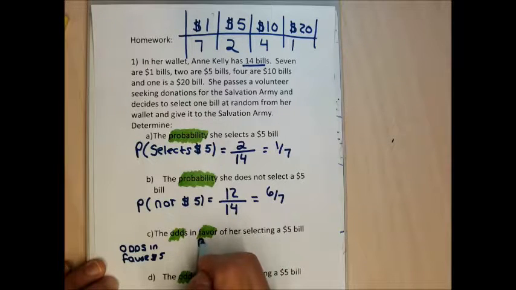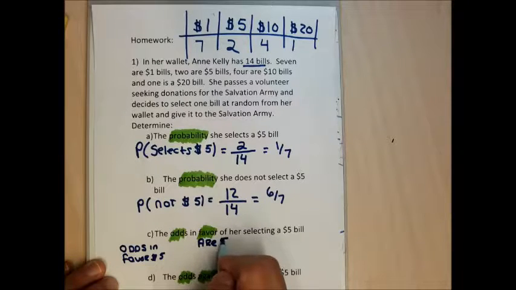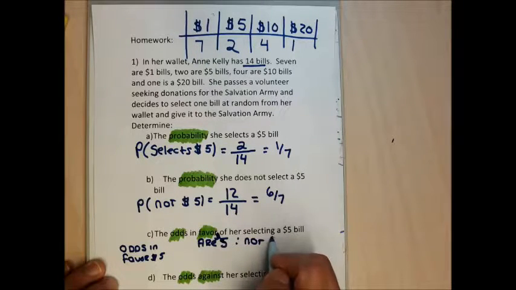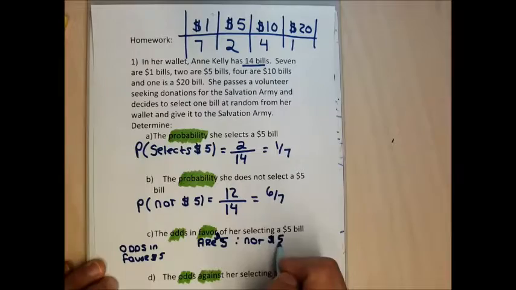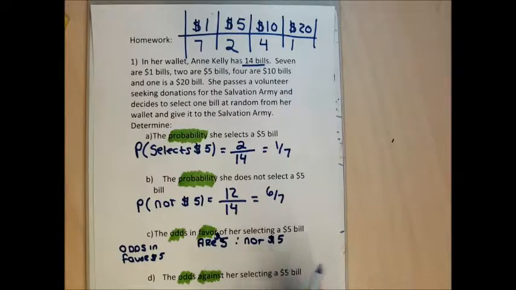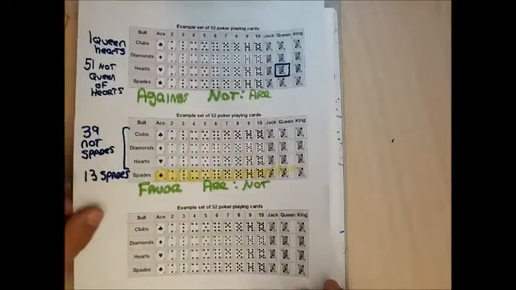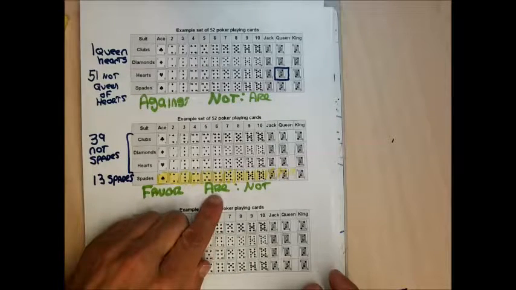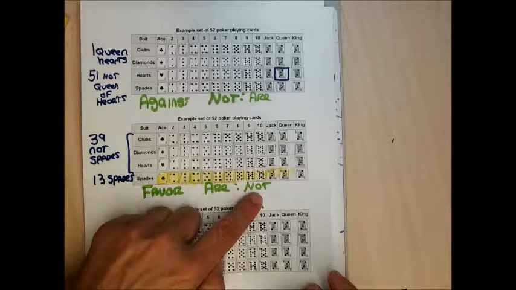The categories, in this case, are $5 bills and not $5 bills. Because when I'm asked to compute the odds in favor of an event, I'm going to count up all the elements in the sample space that have the desired characteristic and write that first, and write the elements that don't have the desired characteristic second.